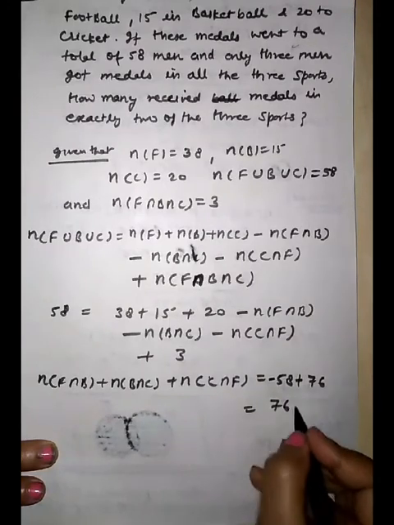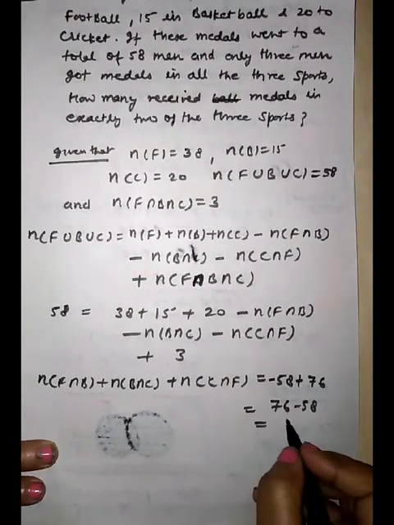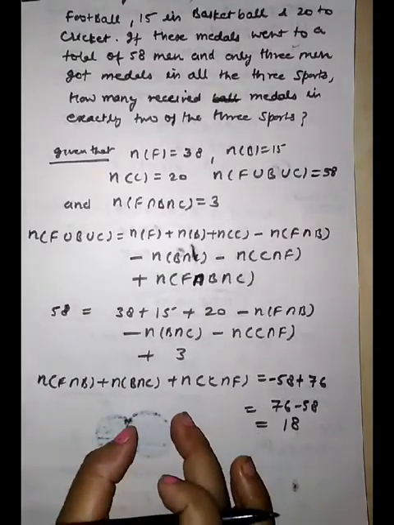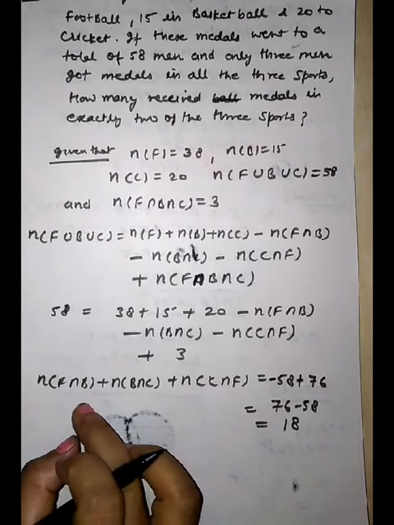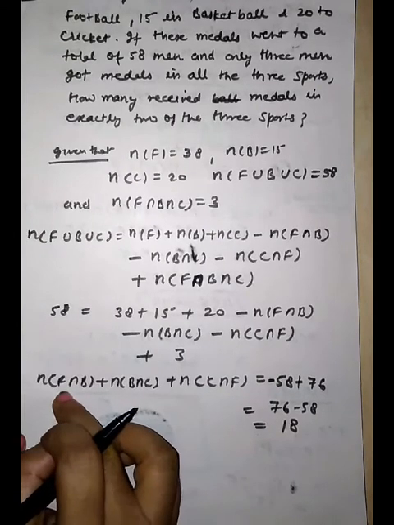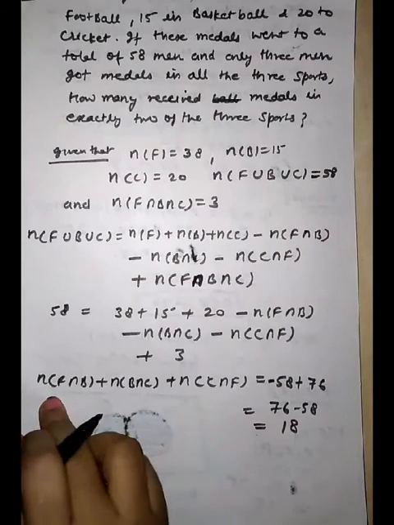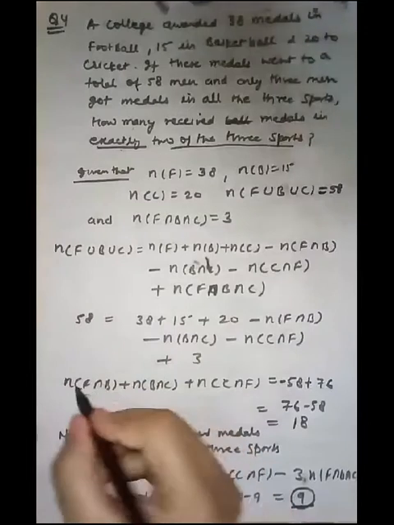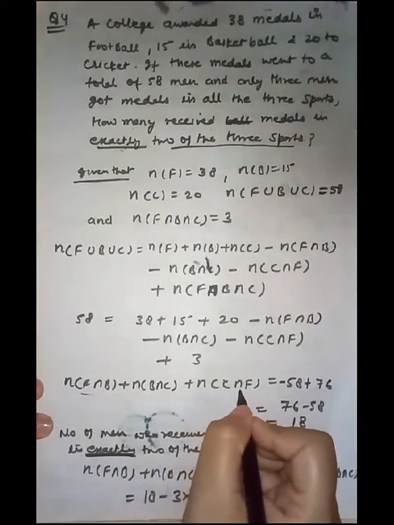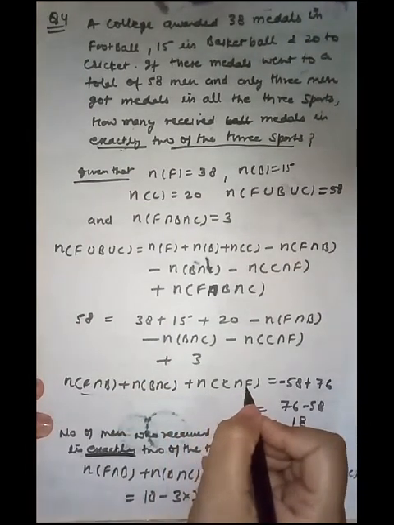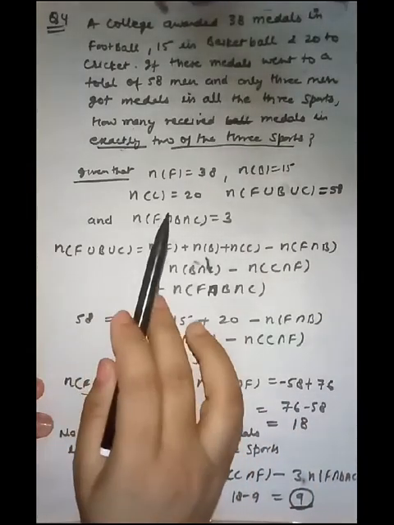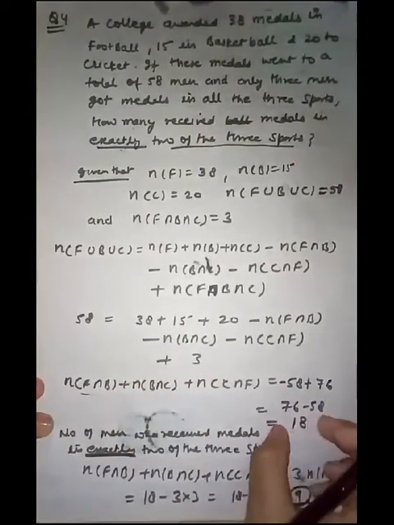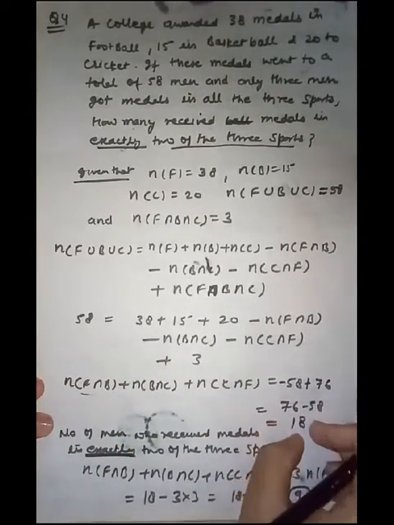So you can write this as 76 minus 58, and you have 18. This quantity shows the number of men who received medals in at least two sports, and this gives the total number of men who received the medal, which comes to 18.